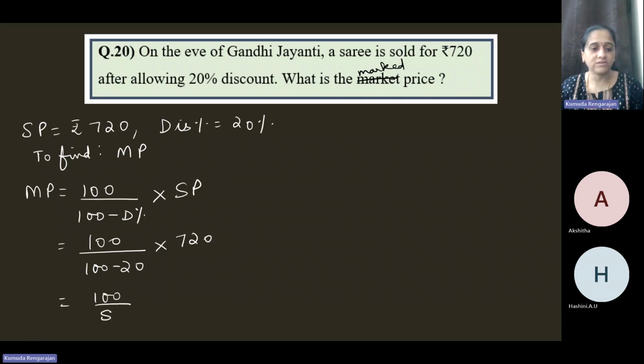So 100 by 80 into 720. 8 ones are 8, 8 nines are 72.